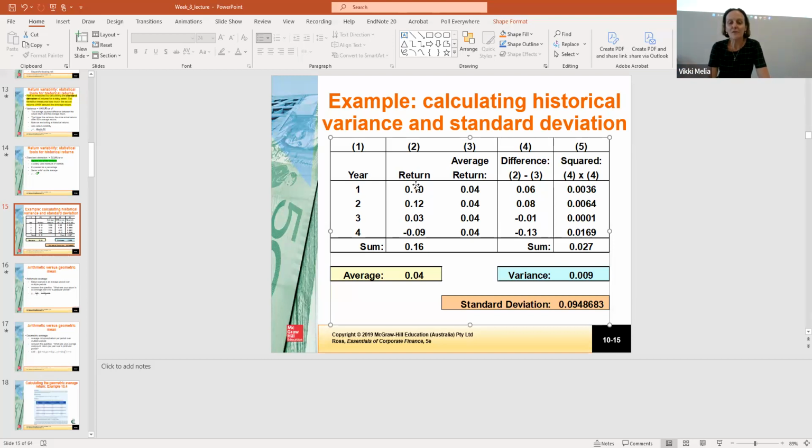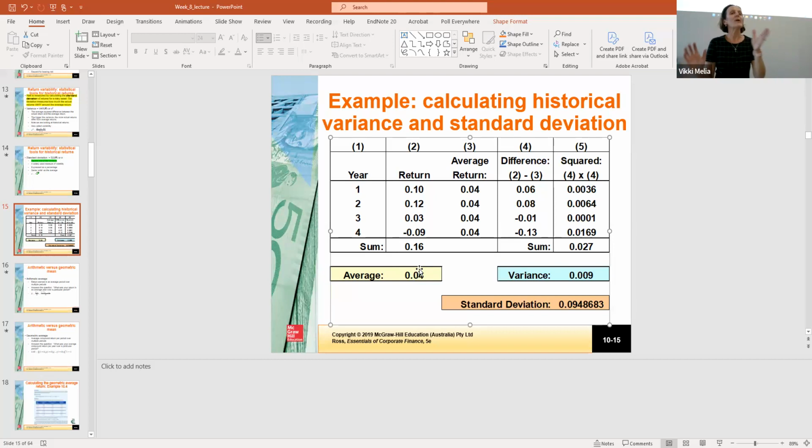If we add all of these actual returns together, the sum of those actual returns is 16% or 0.16. Add them all together and divide by the number of observations. There are 4 pieces of data. So 0.16 divided by 4 gives us an average return of 4%.